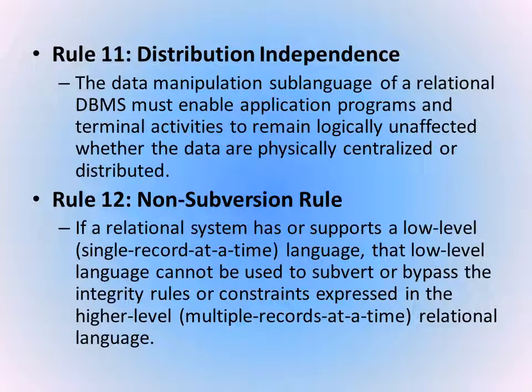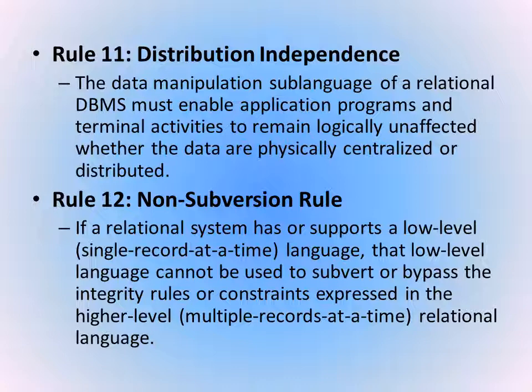Rule 11, Distribution Independence. This rule states that the data manipulation sublanguage of a relational database management system must enable application programs and terminal activities to remain logically unaffected whether data are physically centralized or distributed.